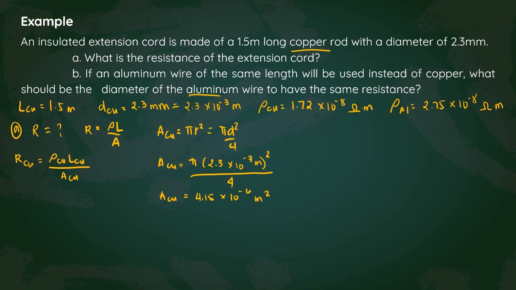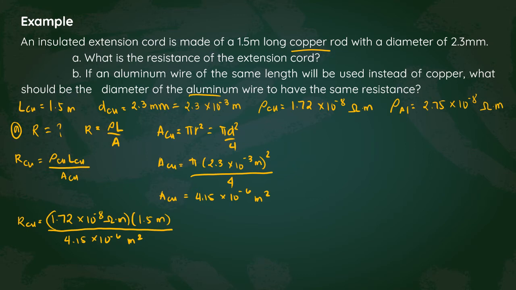So now we have all of the required quantities to solve for the resistance of the copper wire. The resistance of the copper wire will be equal to the resistivity of copper, which is 1.72 times 10 raised to negative 8 ohm meter, multiplied by the length, which is 1.5 meters, divided by the cross-sectional area, which is 4.15 times 10 raised to negative 6 meters squared.